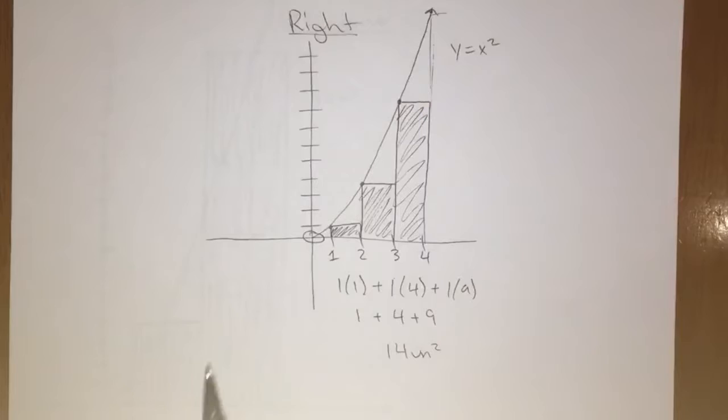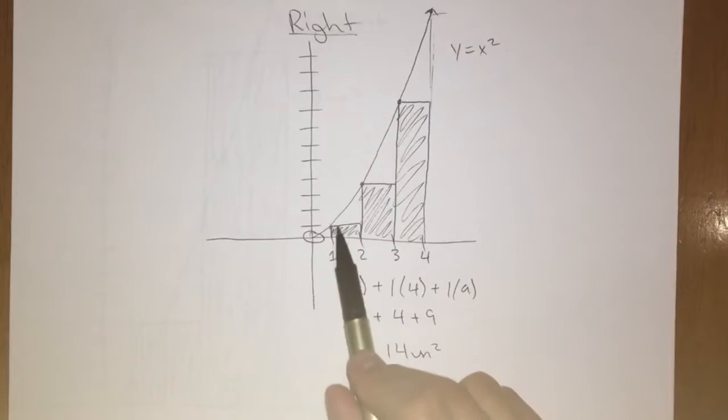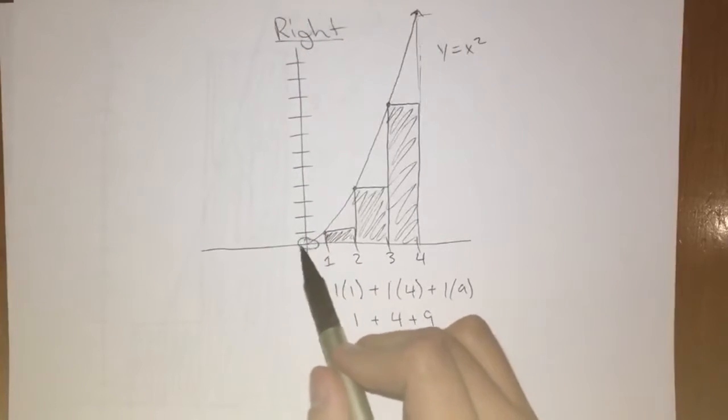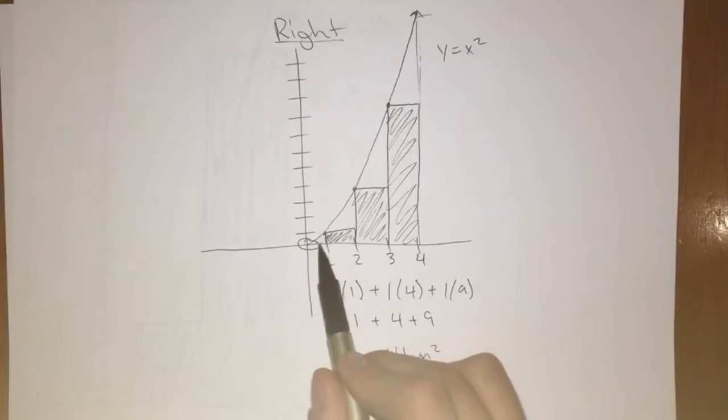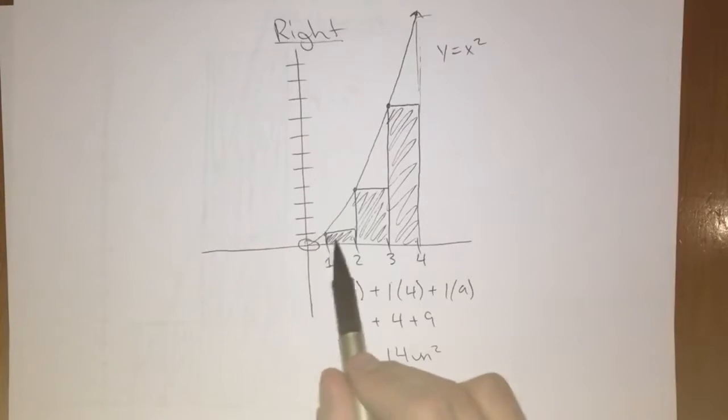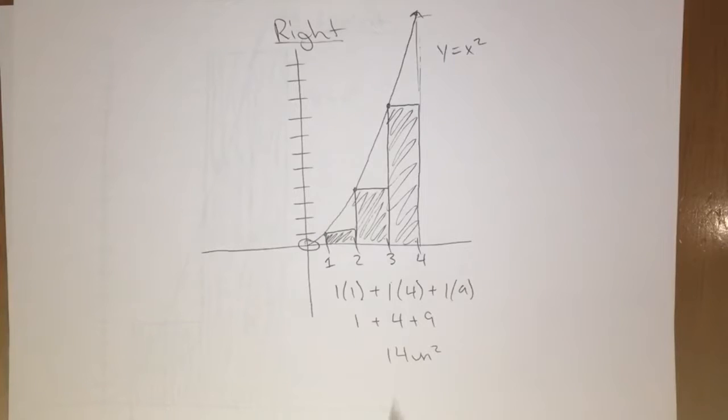Again, we will have the same subintervals and the same x-coordinates. When we make rectangles to the right of the curve, we can see that there are only 3 rectangles. This is because when the height is 0, we will get 0 at this first point. Therefore, there will be no rectangle because the area will be 0.